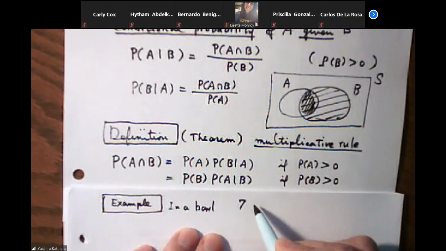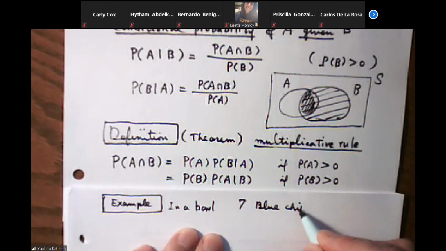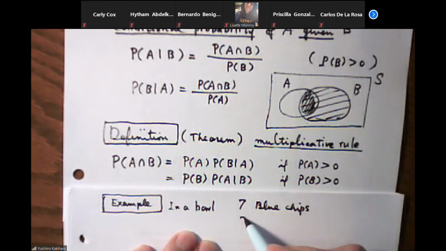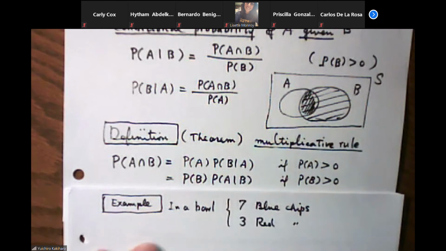There are 7 blue chips and 3 red chips in the bowl. Then we want to get 2 chips at random and successively.